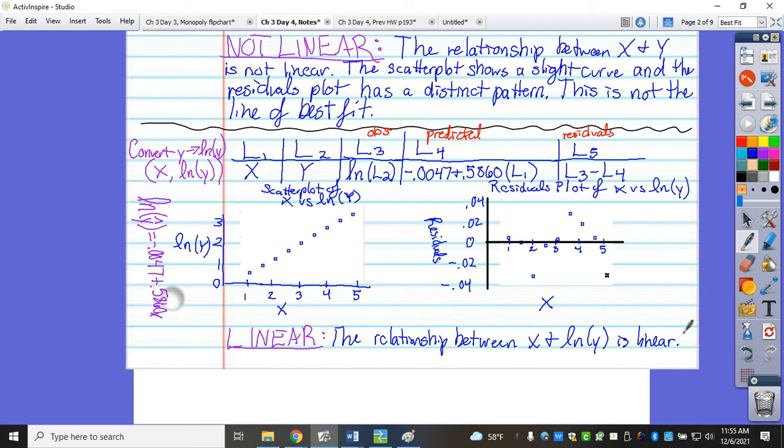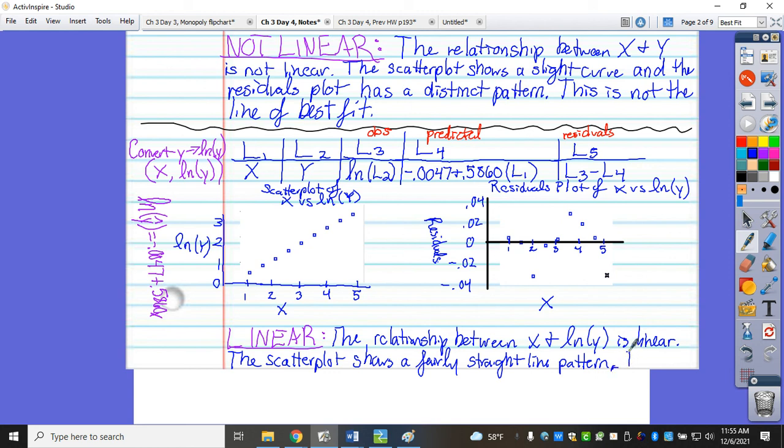So now we go to y. What would I say about the scatter plot? What do I want it to do? It shows a fairly linear pattern, a fairly straight line.